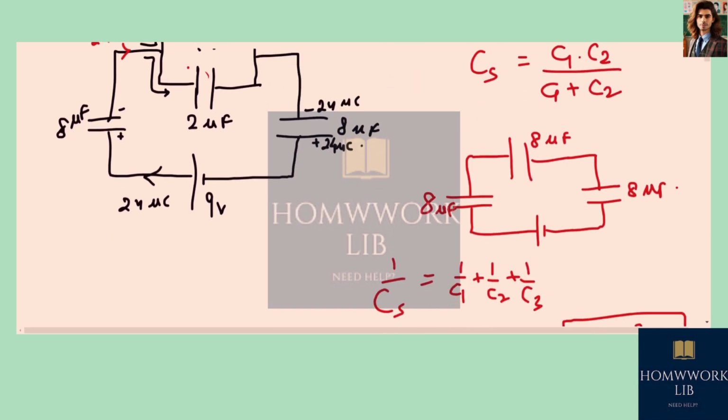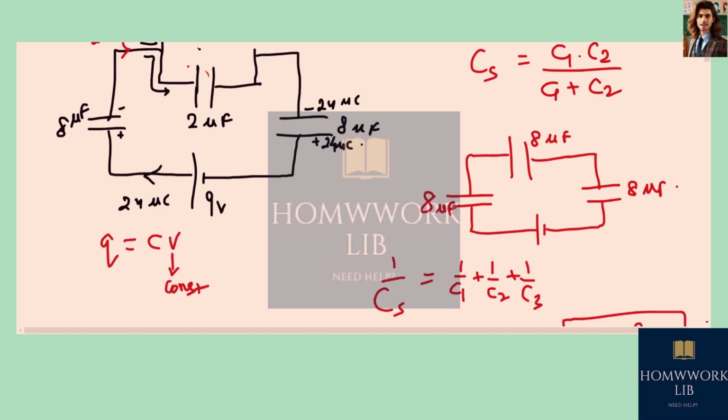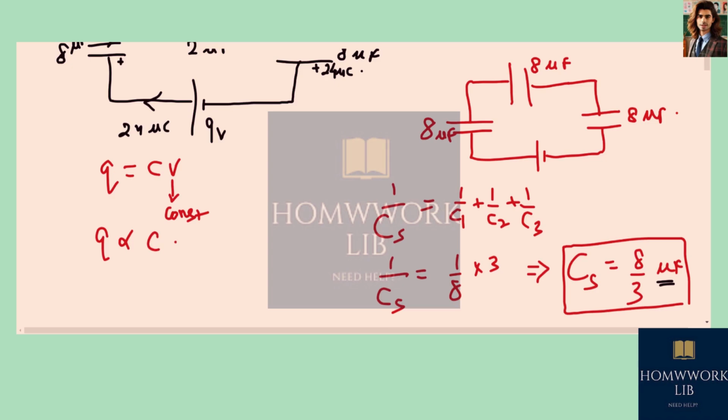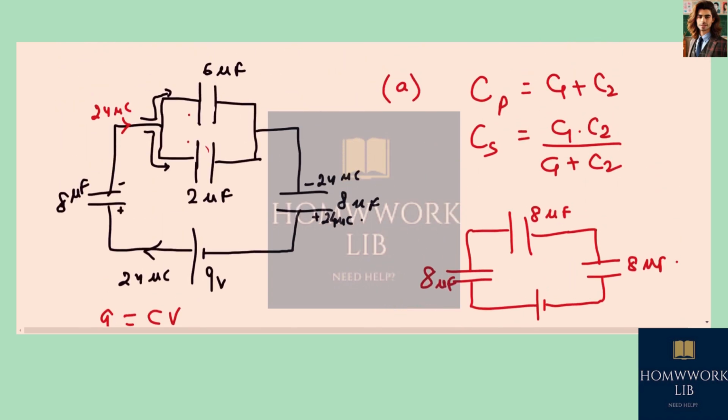So if we use the expression Q is equal to CV, in parallel we have the voltage which is constant. So that means Q is directly proportional to the capacitance of the branch. That means this 24 microcoulomb has to be divided in the ratio of the capacitances. So here these capacitances are in the ratio 3 and 1.